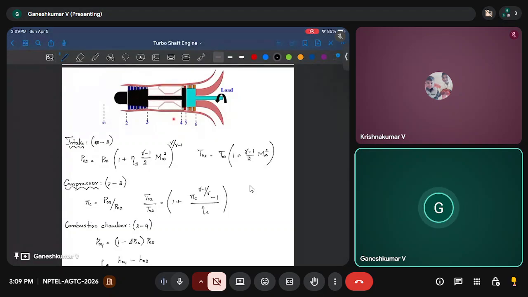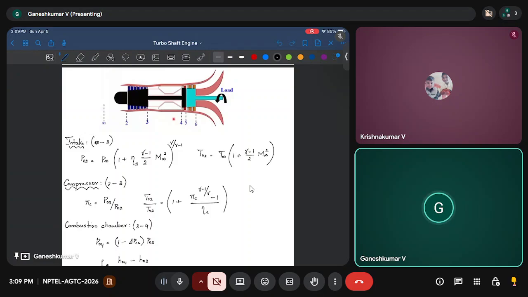Here again, most of the components are the same. Only that you do not have a nozzle component, and typically a turboshaft is defined so that all the power is expanded, which means after the air goes through the compressor, combustion chamber and the turbine, at the exit the pressure of the air will be very close to ambient.